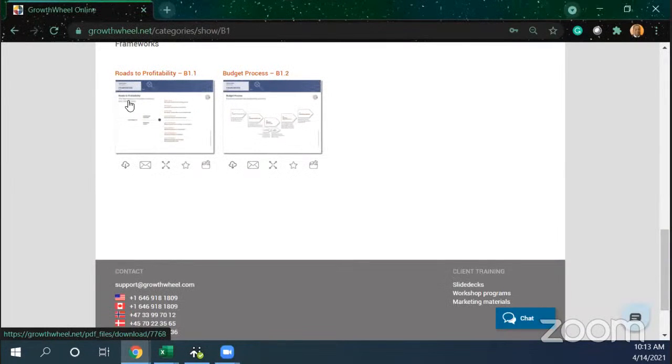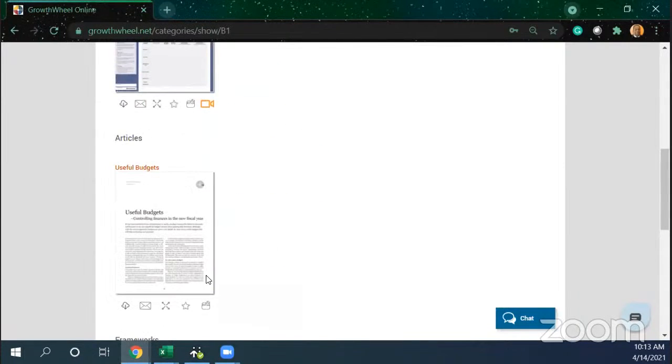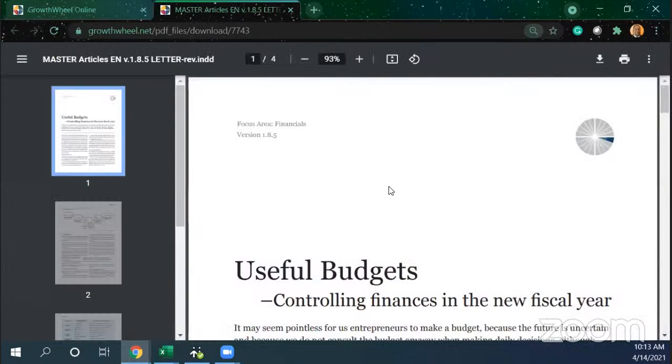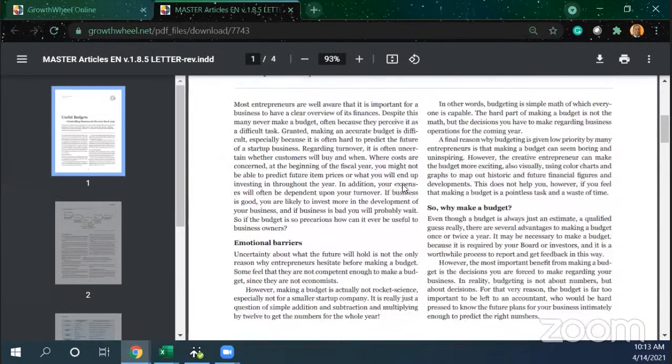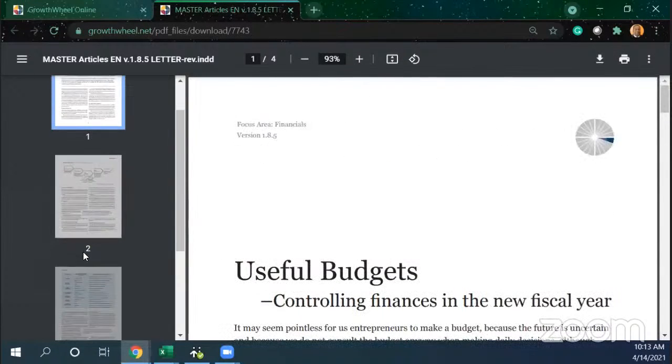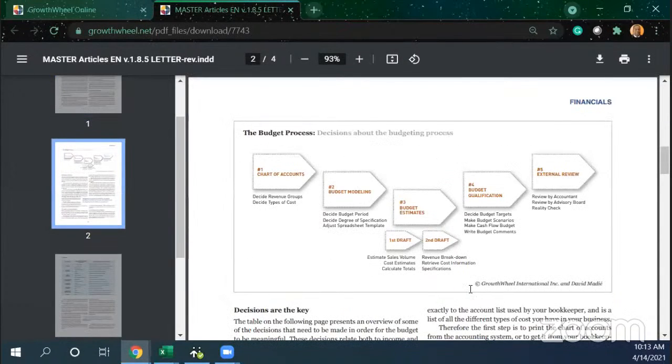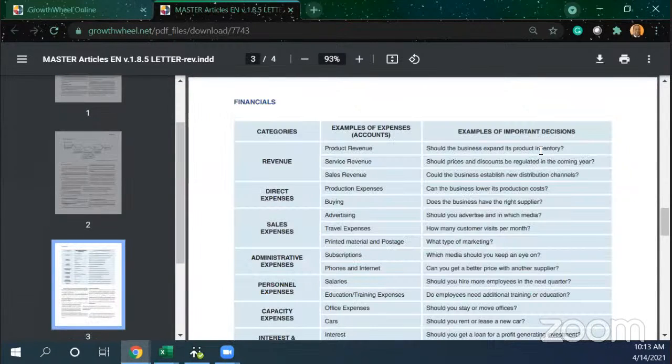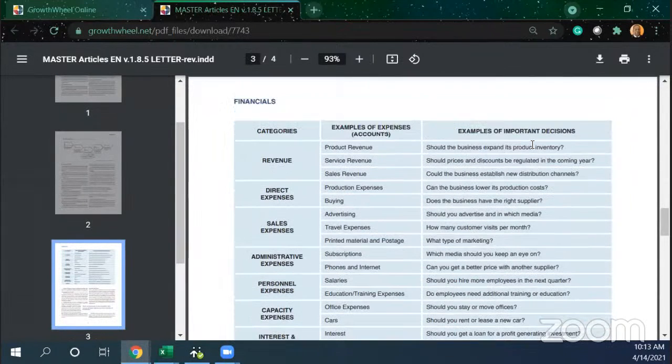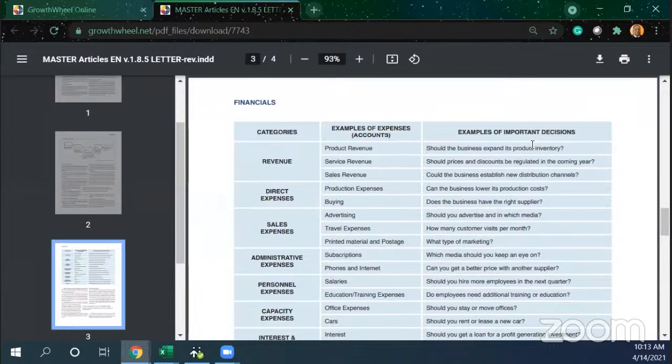And Christine, I think everyone has this framework as well. I would highly recommend that you utilize this budget sheet. This is an article which goes back and mentions this process. It's a really, really good article.